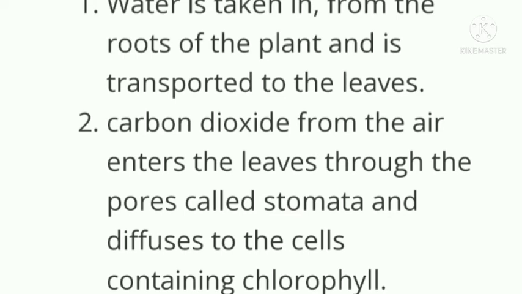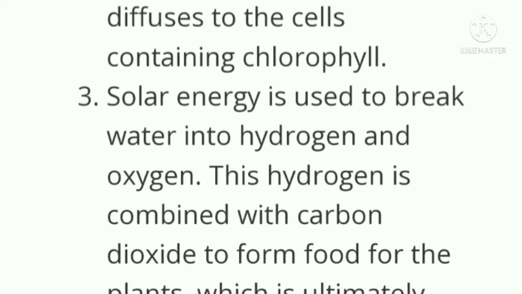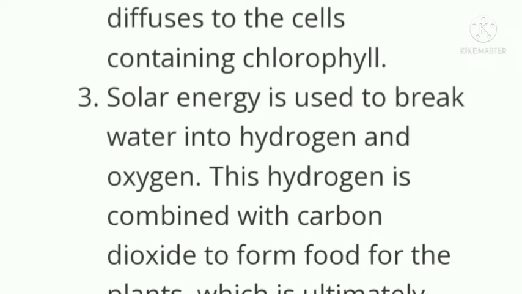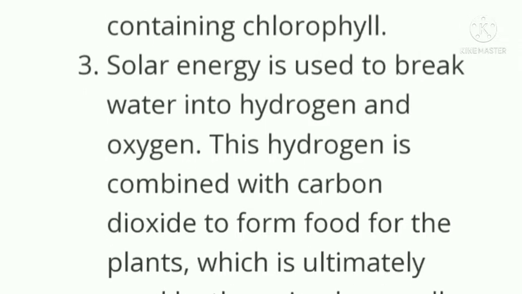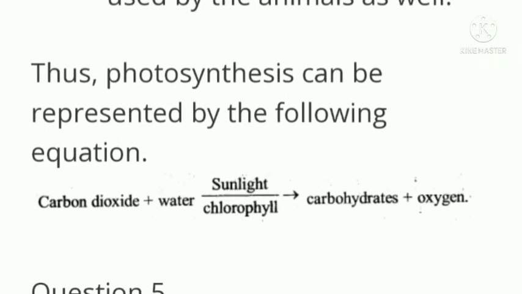Carbon dioxide from the air enters the leaves through the pores called stomata and diffuses to the cells containing chlorophyll. Solar energy is used to break water into hydrogen, and this hydrogen is combined with carbon dioxide to form food for the plants, which is ultimately used by animals as well. Thus, photosynthesis can be represented by the following equation.